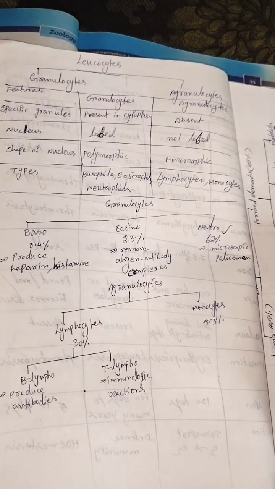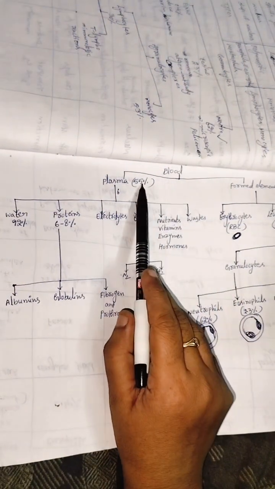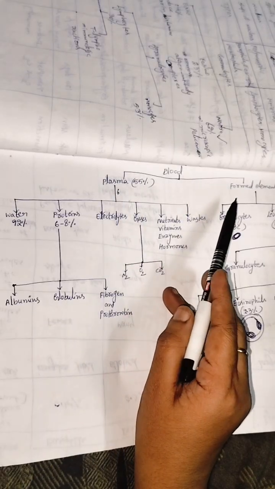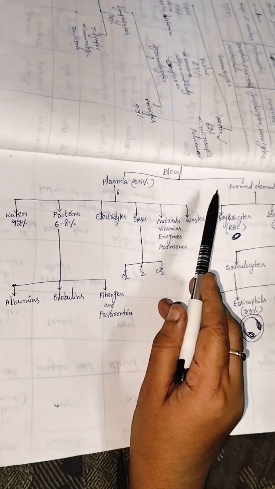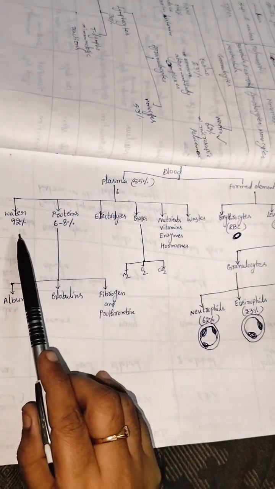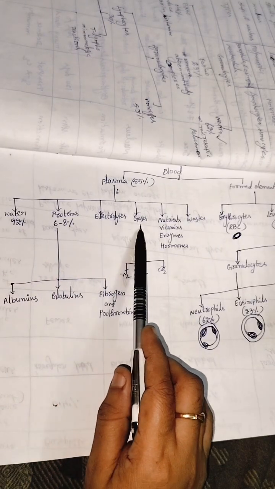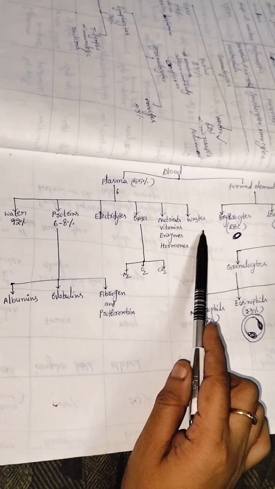I prepared a mind map with diagrams of leukocytes, white blood cells. Blood has 2 types of components: plasma and other elements. Plasma is 55% and other elements 45%. Plasma has water, proteins, electrolytes, gases, nutrients, vitamins, enzymes, hormones and waste.